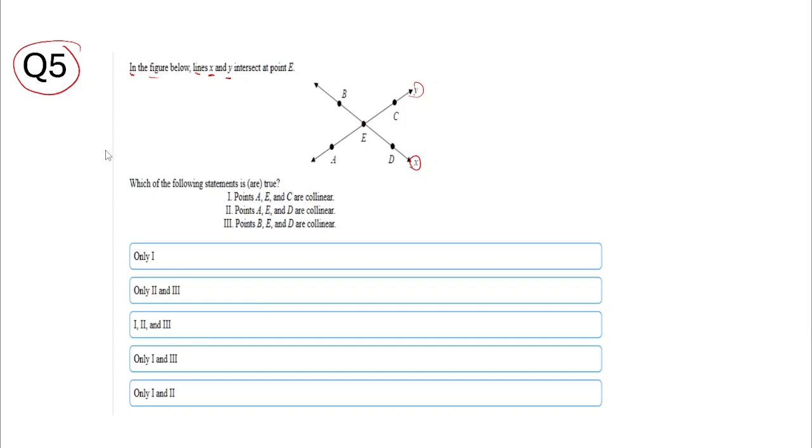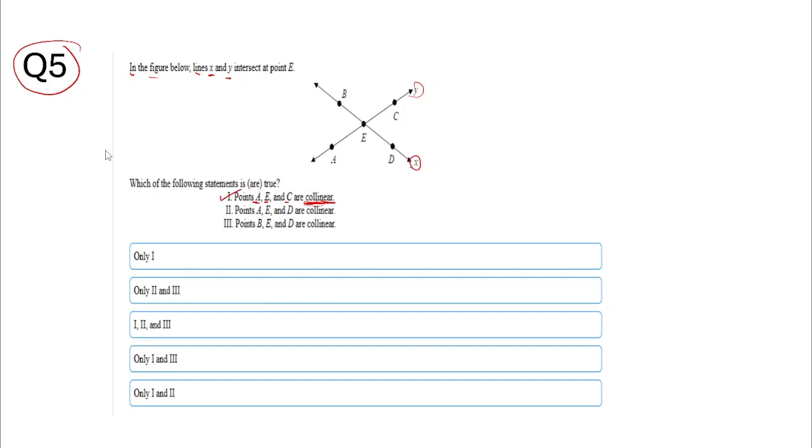Point A and point E and point C are collinear. I think we defined collinear in question number 1, which we said that 3 points are in the same line. So point A, point E, and point C, 3 points in the same line, that means they are collinear. So this option is right.